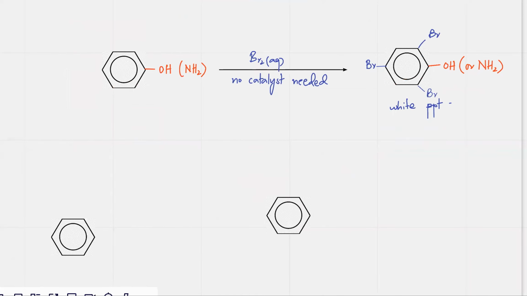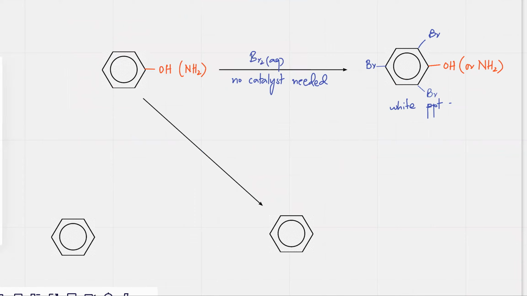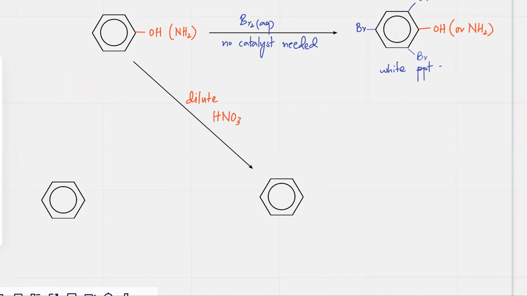Nitration would also be much faster. So if you use dilute nitric acid, you'll still get nitration. In dilute nitric acid, you're going to get 2 molecules.